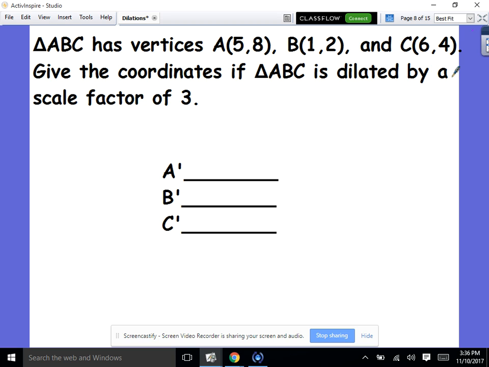So A, 5 times 3 is 15. 8 times 3 is 24. That's A prime. B prime, 1 times 3 is 3. 2 times 3 is 6. That's B prime. And then C prime, 6 times 3 is 18. 6 times 4 is 24.